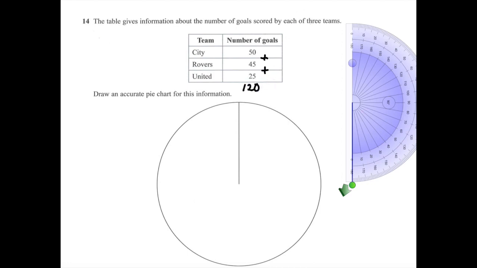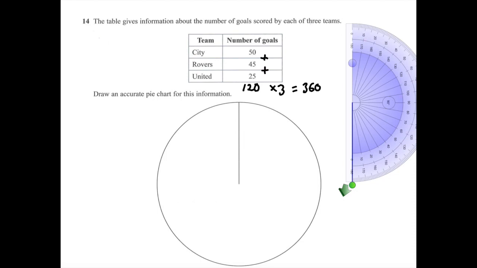The angle in a full circle is equal to 360 degrees. So we need to ask ourselves, what do I need to multiply 120 by to equal 360 degrees? The answer is 3. So if I multiply 120 by 3 it equals 360.